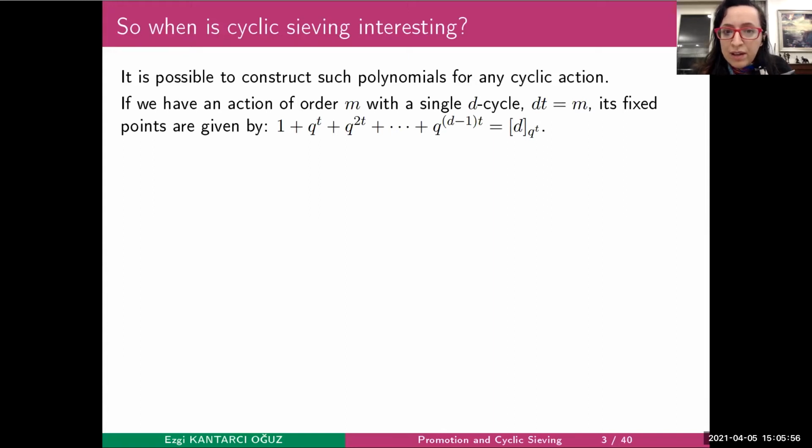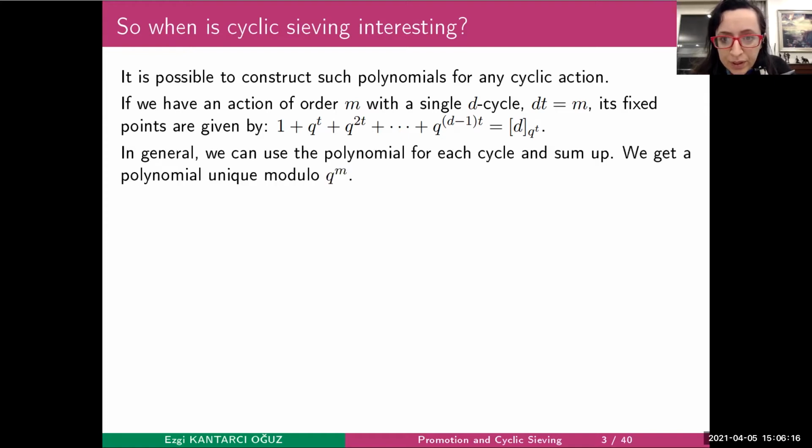So if we have a D-cycle, then we can easily construct a polynomial corresponding to that D-cycle, which means we want it to give D when we plug in 1 and 0 at the other roots of unity. And then this is additive. So for each cycle, we can construct this polynomial and we sum them up, and then you would get a cyclic sieving triple.